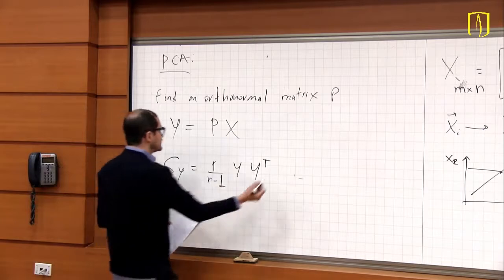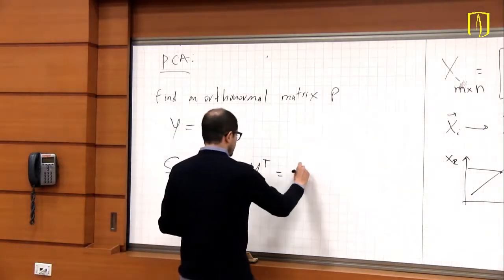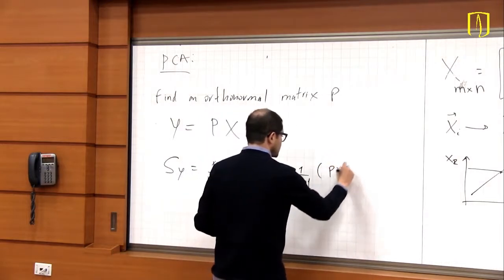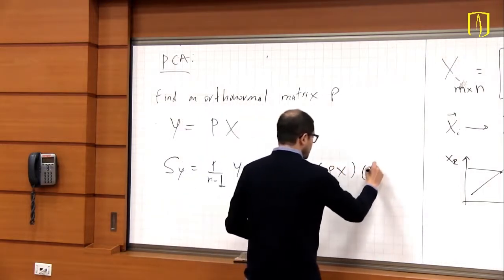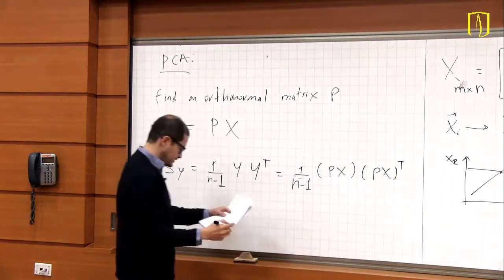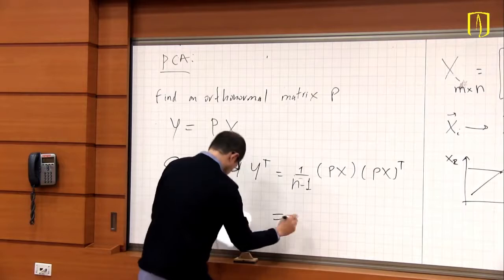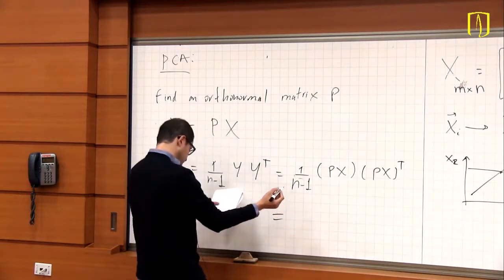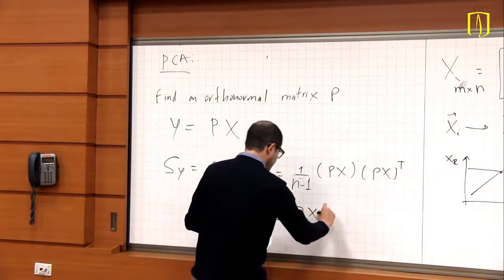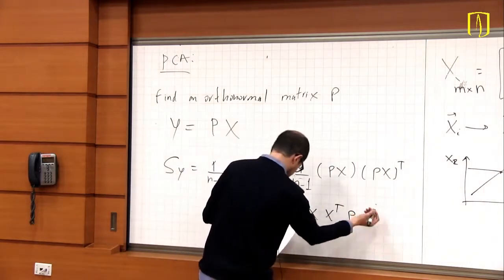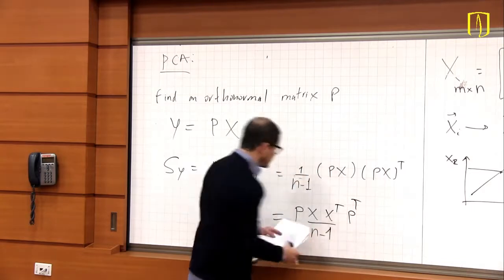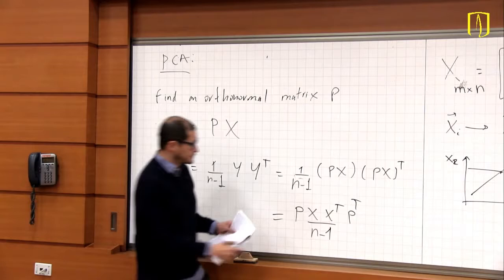So it's 1 over n minus 1 of Px times Px transpose, which is basically P X X transpose P transpose divided by n minus 1. And this is what?